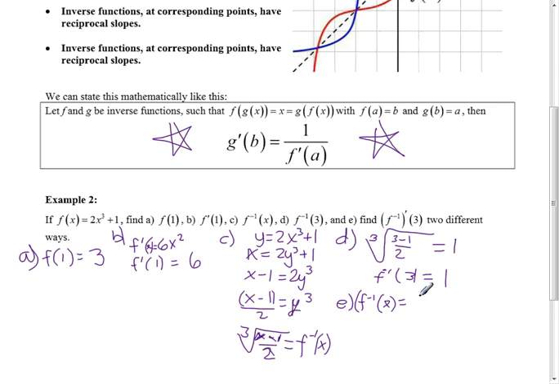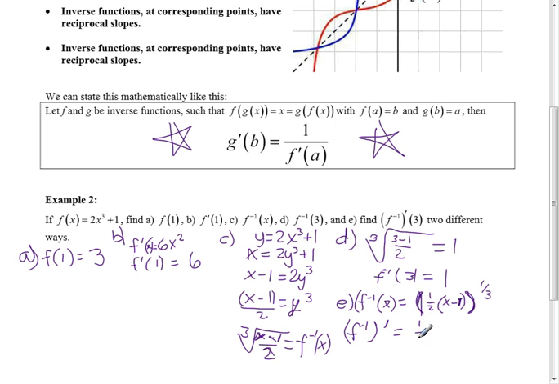Rewriting that function, I'm going to write it to the 1/3 power. So I have 1/2 times x minus 1, instead of writing cube root, I'm going to write the 1/3 exponent, sorry. Now we take the derivative, so we're taking the derivative of the inverse function.